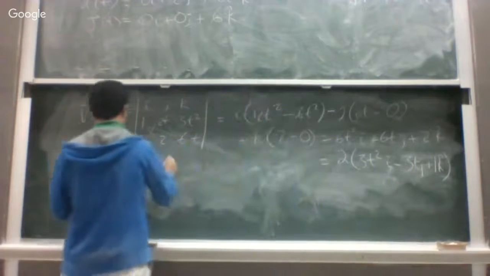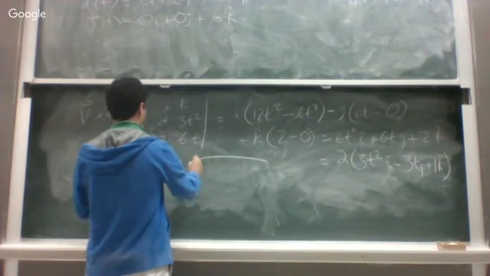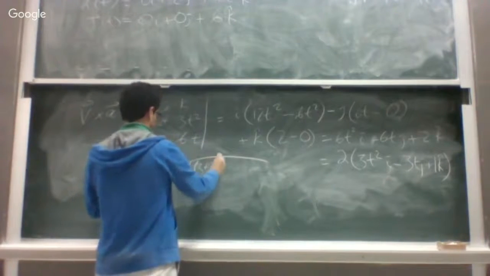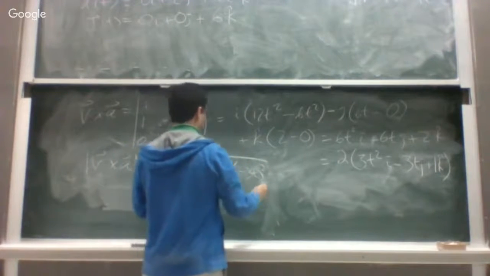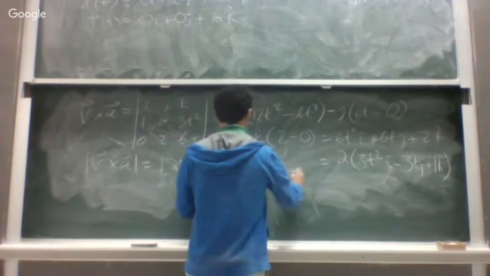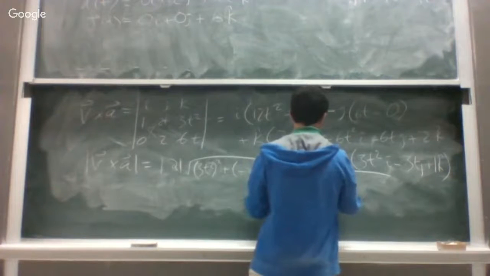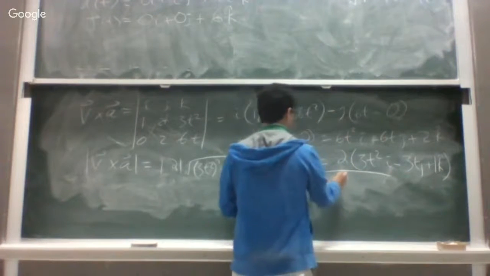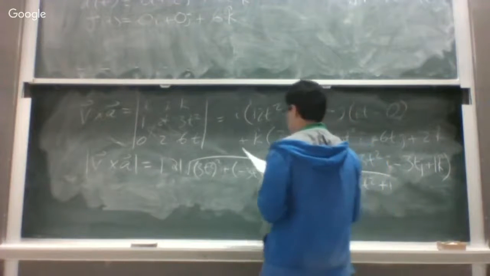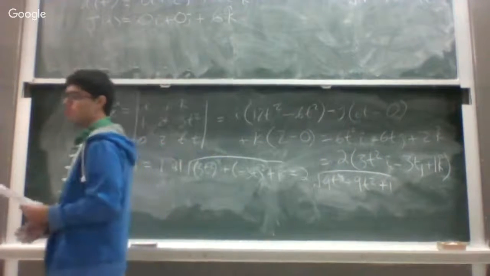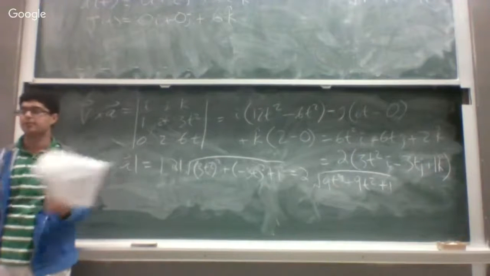So the magnitude is 2 times the square root of (3t squared) squared plus (negative 3t) squared plus 1 squared, which gives 2 times the square root of 9t to the 4th plus 9t squared plus 1. Does that make sense?